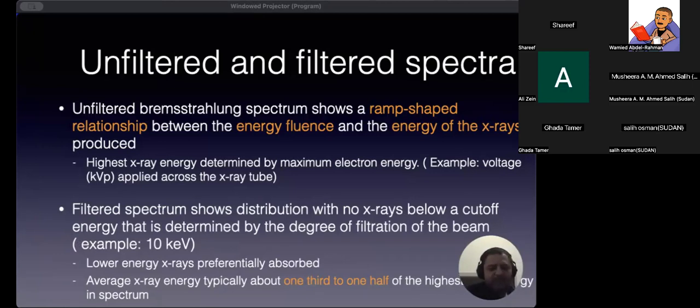Okay, so it's a little bit higher than 1/3, although as a rule of thumb, for the mean energy of a beam coming out from an X-ray target, we look at the maximum and say it's about 1/3. It's actually a little bit higher because of the filtration. This added filtration will happen, okay?